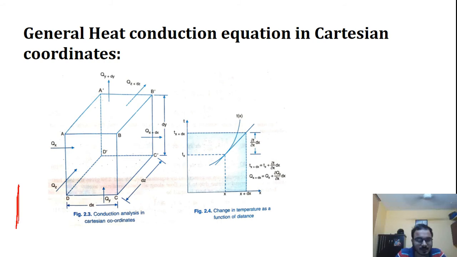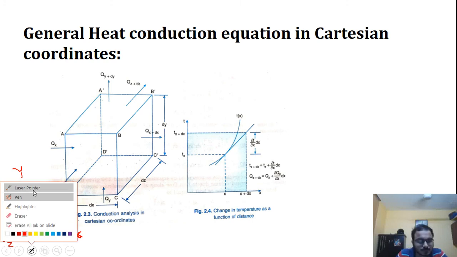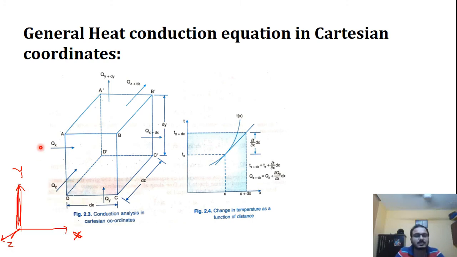If you consider 3 directions, this will be X, this will be Y, and this will be Z. So here the heat is flowing through all three directions.